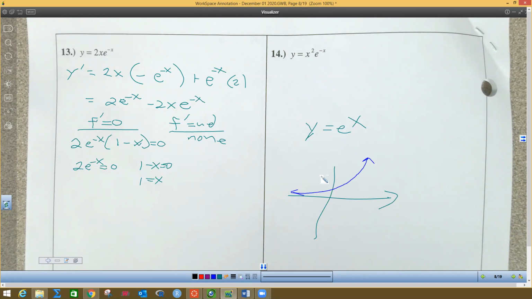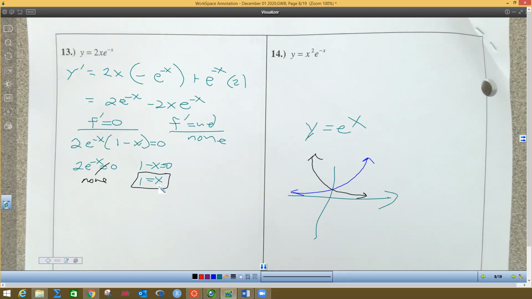So this actual graph looks like the exponential flipped over the y-axis. So it's actually the black part. So the question is, where will this black graph cross the x-axis? It's important that you know this. There's nowhere. So I get none for this. It never equals 0. So my only critical number is 1.